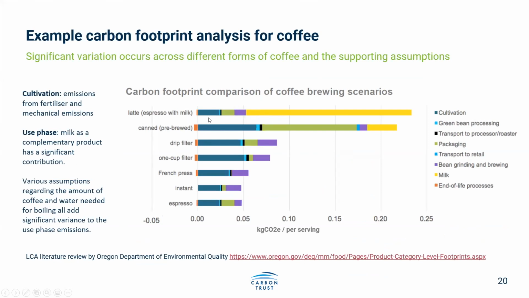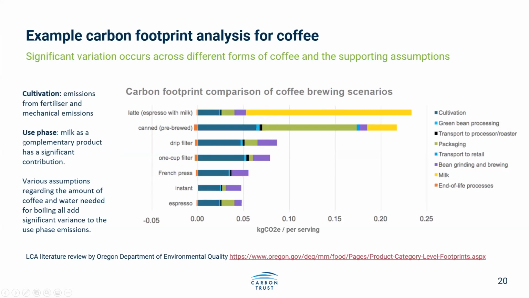The top one here, you can see milk from a latte, obviously having a really significant impact from the embodied emissions with milk and on-farm emissions from cows, from enteric fermentation, manure management, etc., all the way through to espresso and instant coffee, where the balance is somewhat more balanced between the emissions associated with cultivation of those beans from fertilizer application, mechanical sources from diesel, from tractors and so on, to collect those on farm, through to in the middle bit, the transportation, packaging pieces having somewhat less of an impact as well.